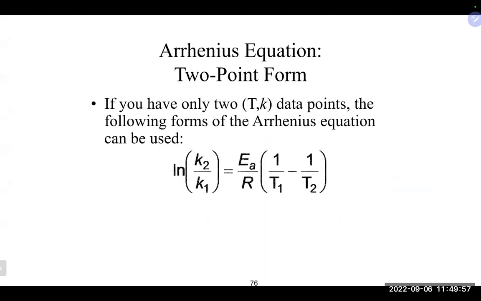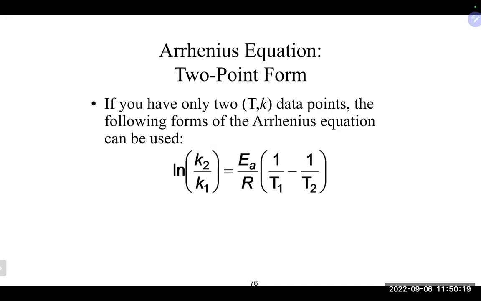All right. Who wants to make graphs all the time? Nobody does. So technically speaking, this is what's sometimes referred to as the two-point version of the Arrhenius equation. Basically you take two points from the straight line, and you can calculate everything that you need. This is probably in most cases the version of the equation that you would use the most.